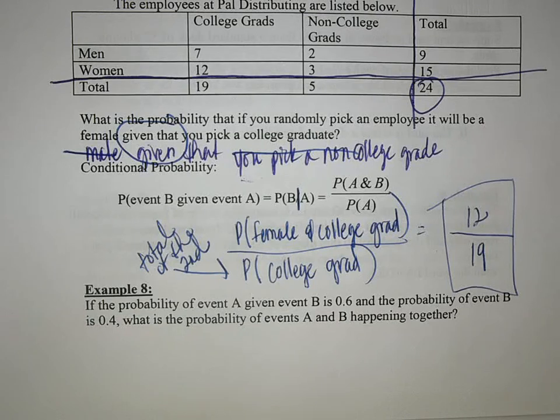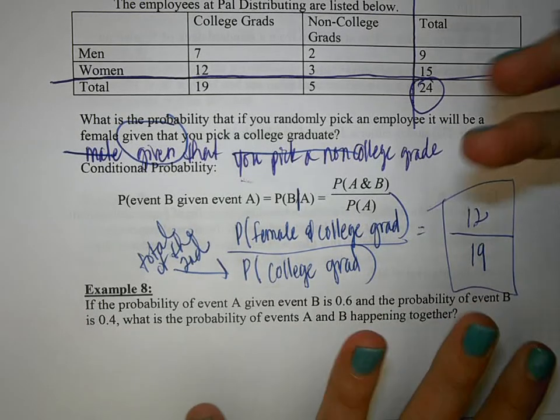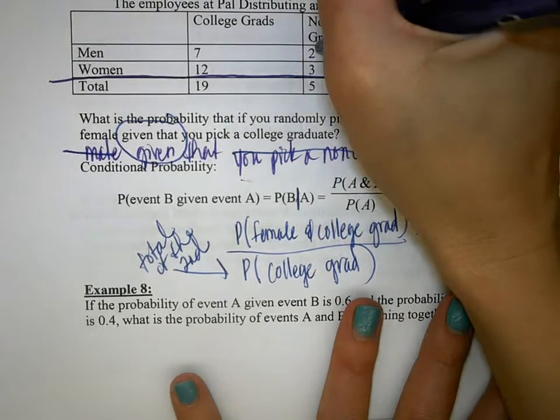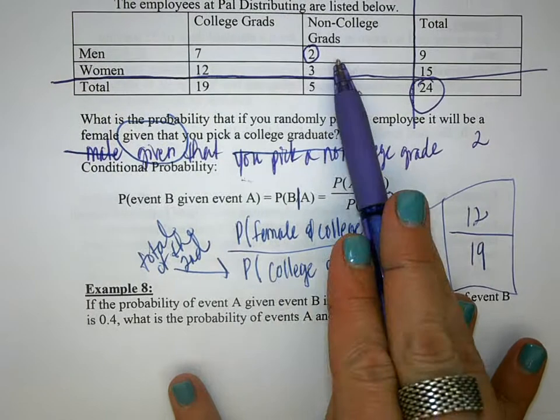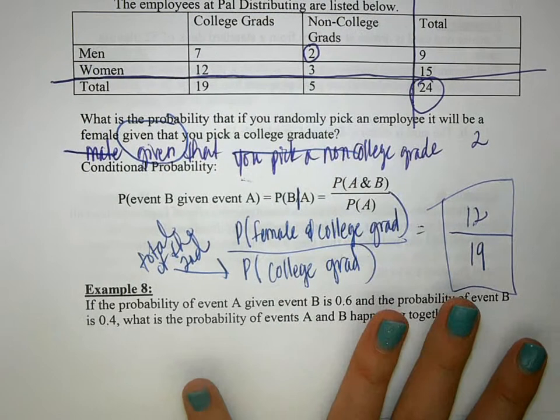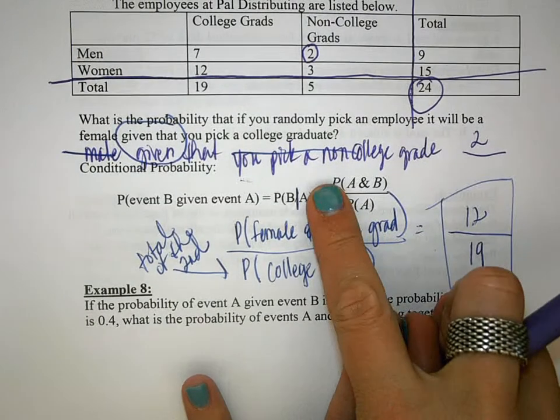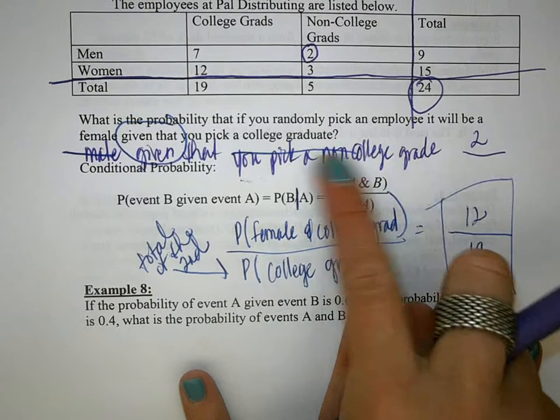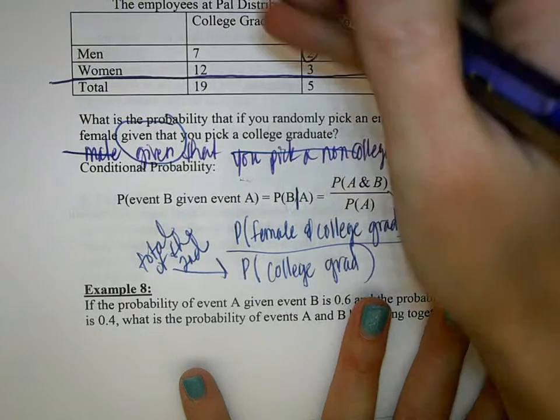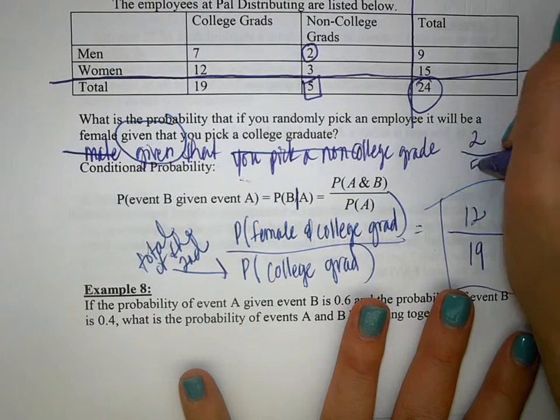You can actually show me this one on your fingers if you want to. Yes. Good. Okay, so male and non-college grad, how many are there? 2. Right here. Men, non-college grad, there's 2 of them. Divided by the total of what came second, so the total of non-college grad is 5. 2 over 5, and that can't reduce.